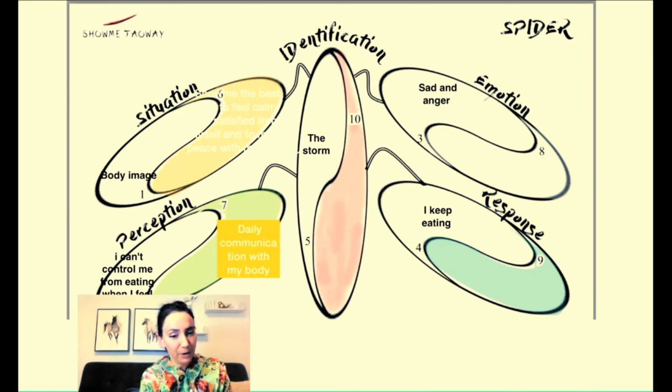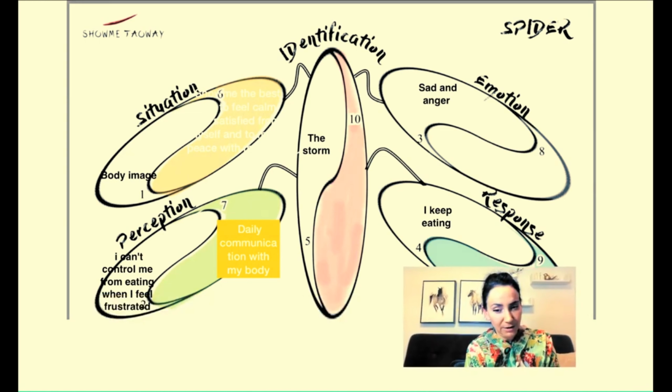If we think about number 7, I wrote daily communication with my body. But in number 2, you can see the interpretation that the woman gave is, I can't control me from eating.